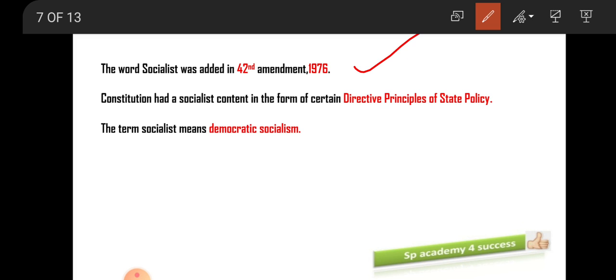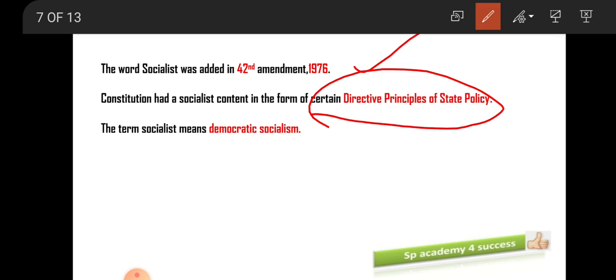Before adding this word to the preamble, we had followed the principles of socialism. Of course, the word socialism is not mentioned in the preamble before 1976, but it doesn't mean that India was not following socialism. We are following socialism through our directive principles of state policy.